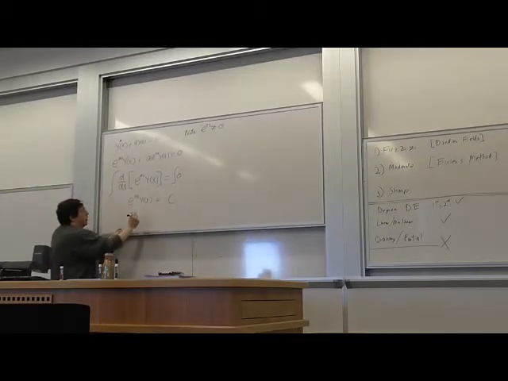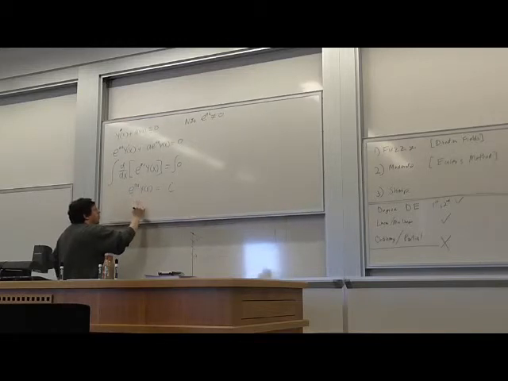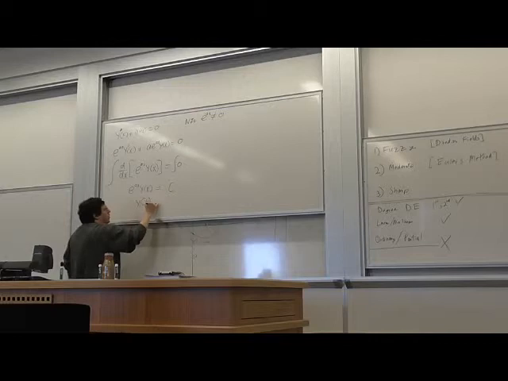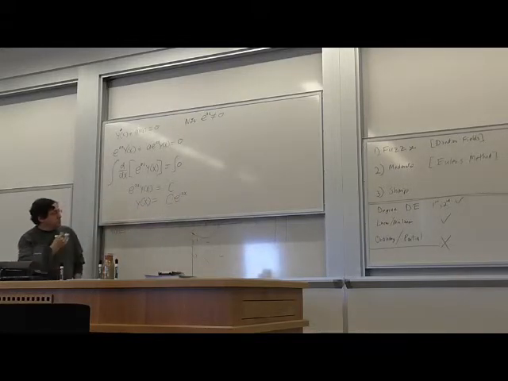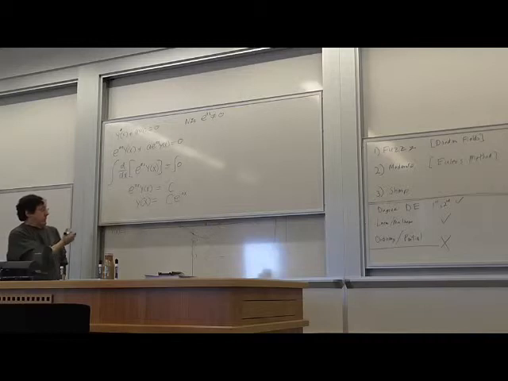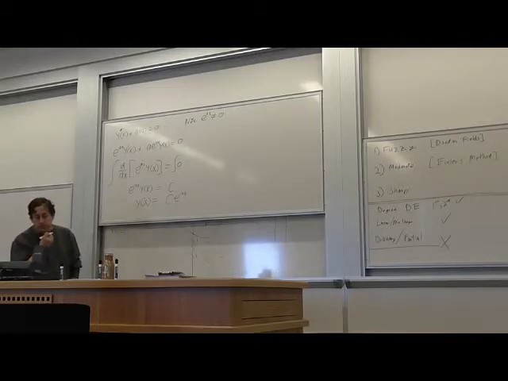So solving for y, we want to divide by this, right? So this just becomes y equals c e to the negative ax. Wow, it's pretty straightforward. We didn't do anything we didn't already know how to do.